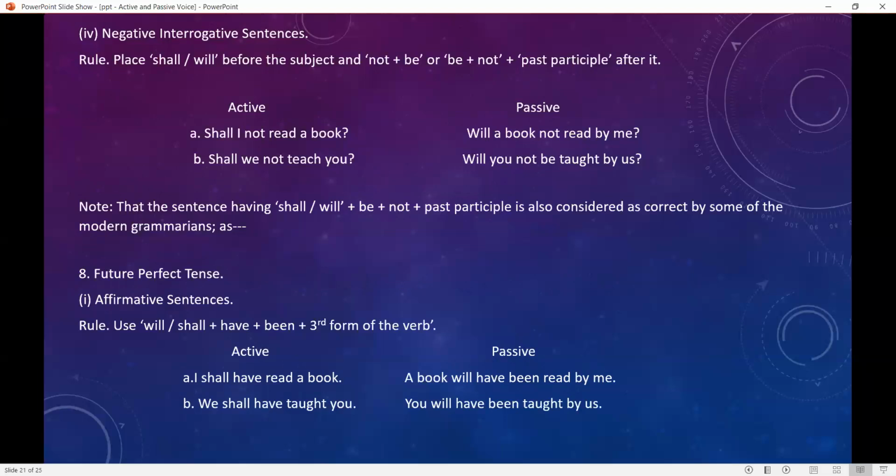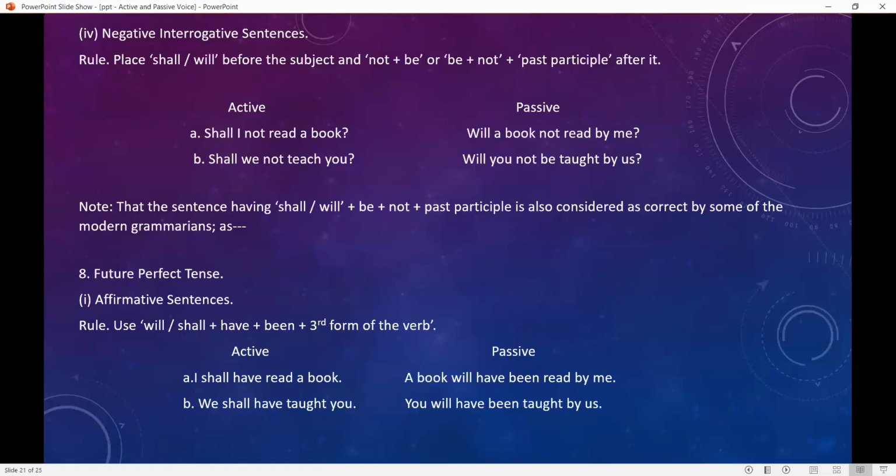You have to carefully see to it while you use it in the interrogative sentences. Under active sentences, shall I not read a book? Under passive, will a book not be read by me? Now under active, shall we not teach you? Under passive, will you not be taught by us?